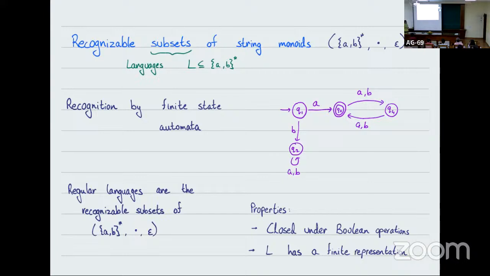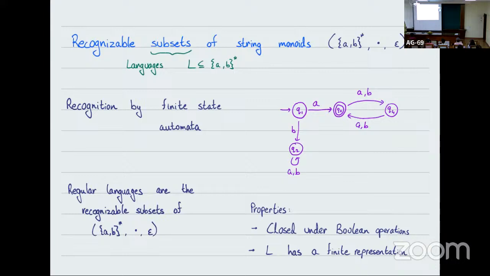If L is regular, if L is recognizable, then its complement is also recognizable. And if L is regular, then it has a finite representation. Basically the automaton gives you L. So this is well known.